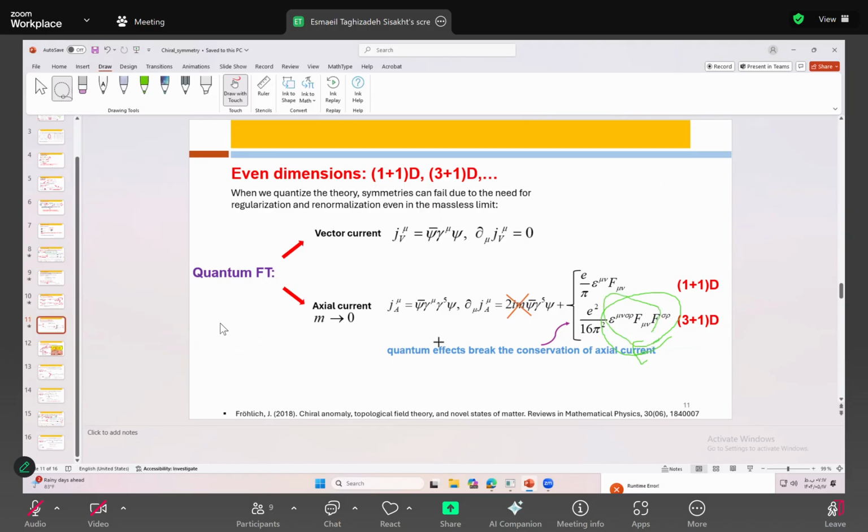It is really strange. The anomalous way means that it doesn't appear in the classical field theory. It only appears in the quantum field theory.